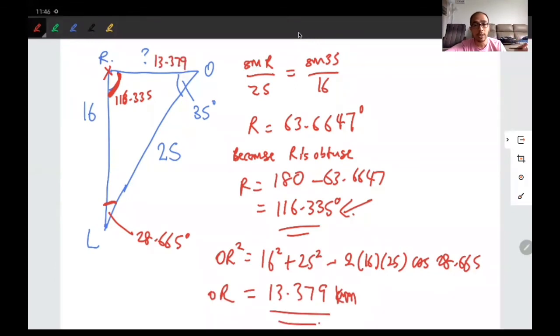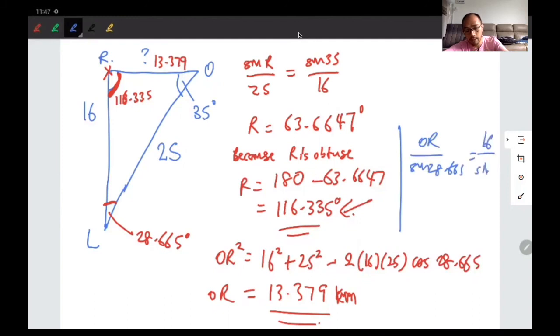If you want to use sine, then it can be OR over sine 28.665 equals 16 over sine 35. Also can. Either way, you will still get about the same answer.